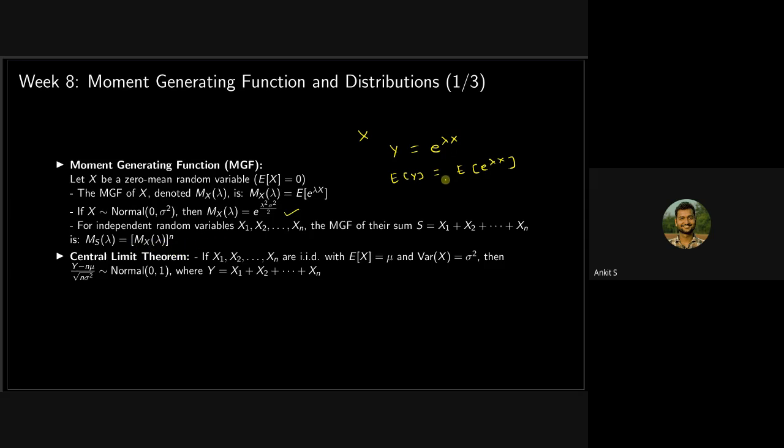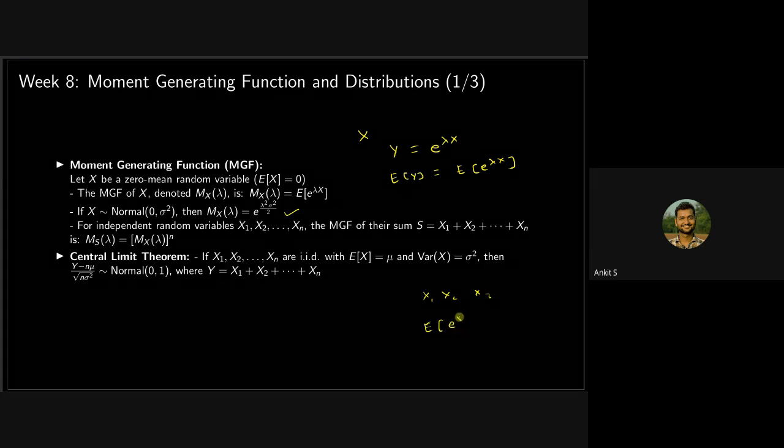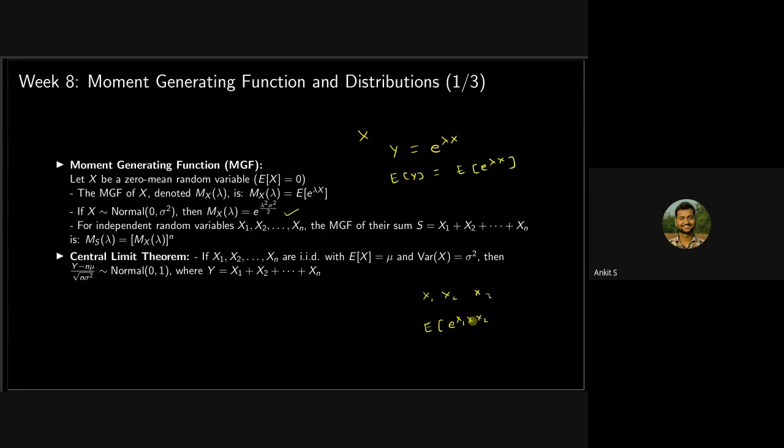Suppose we have many random variables x1, x2, x3, and we want to calculate the mgf of y, or s, equal to this sum. When calculating Ms, the moment generating function for this sum, we will calculate the expected value of e raised to the power lambda times (x1 plus x2 plus up to xn).